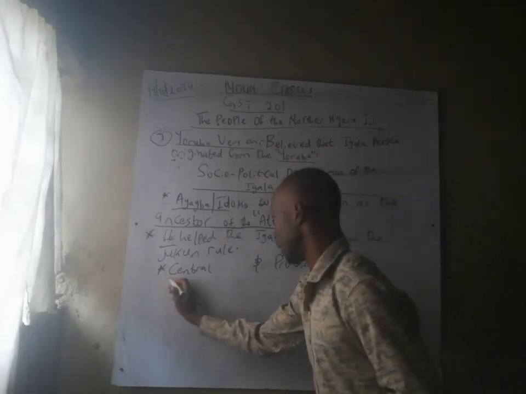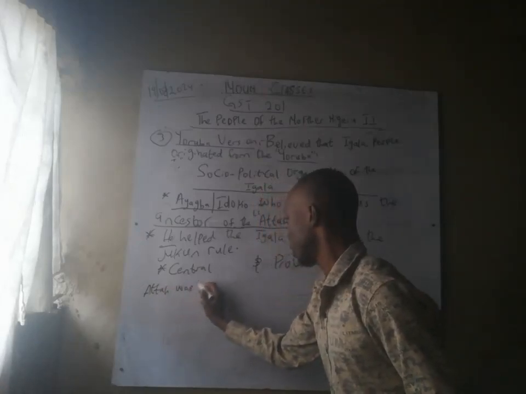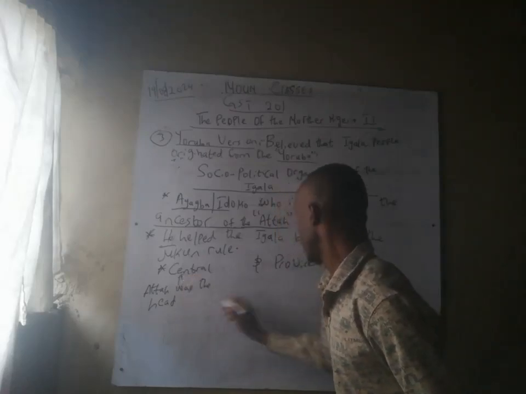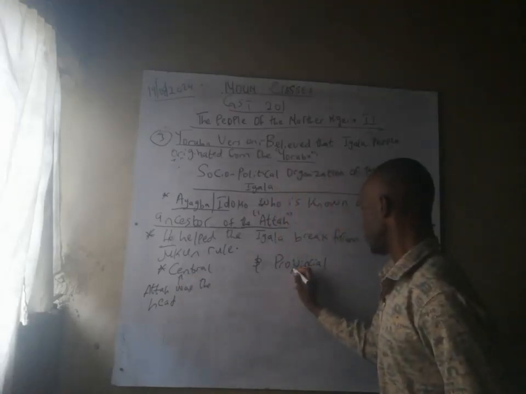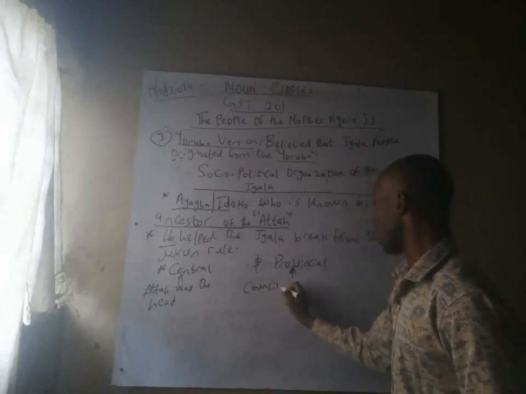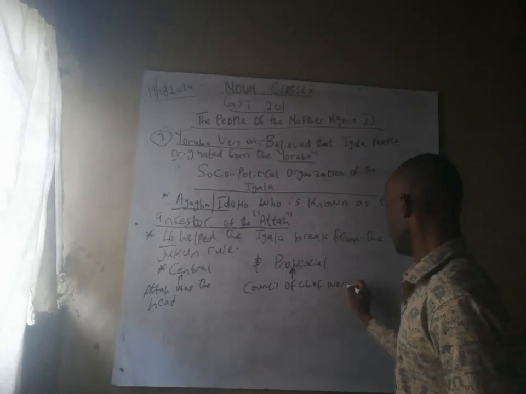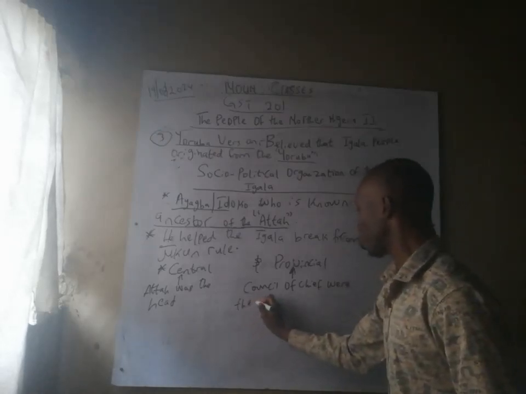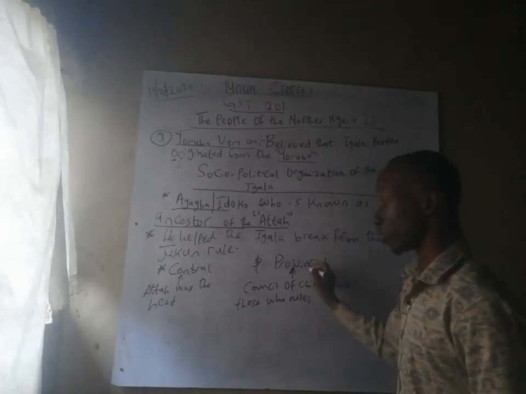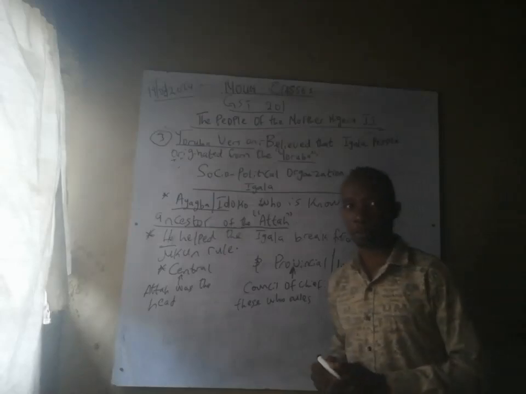So at the head, the Ata was the head under the central, and under this, the council of chiefs were those who rule this. We can call it provincial level or local level.